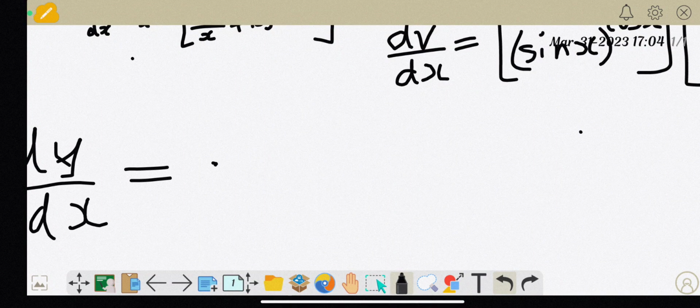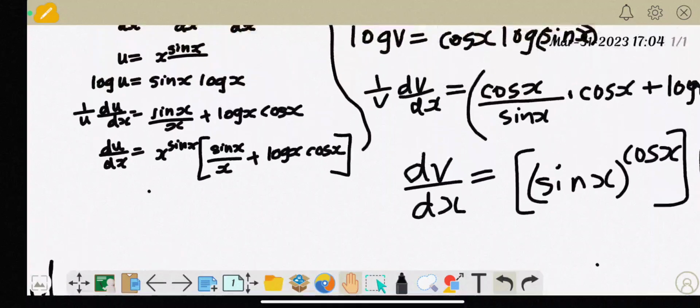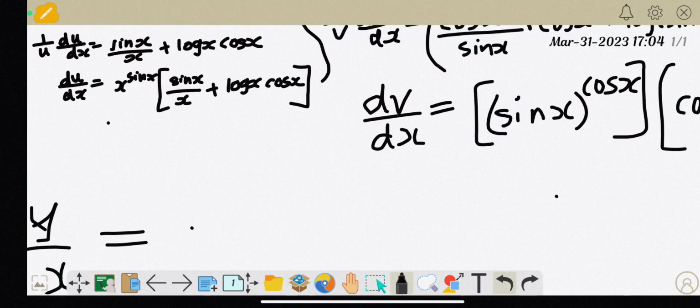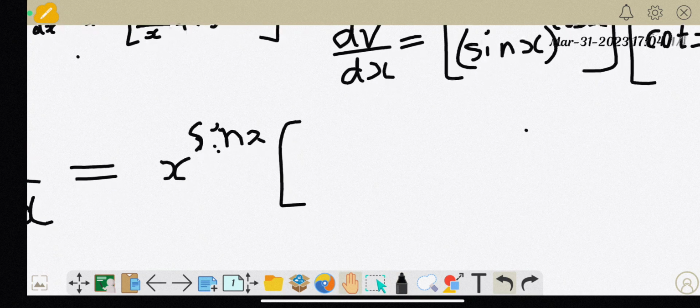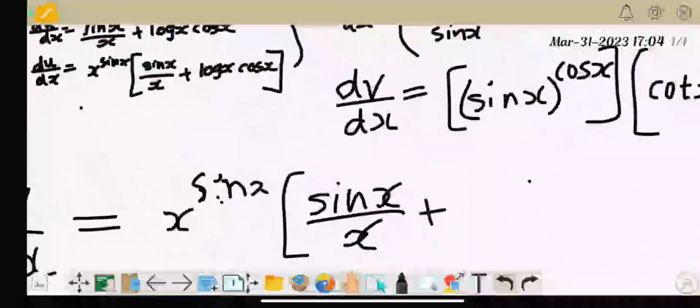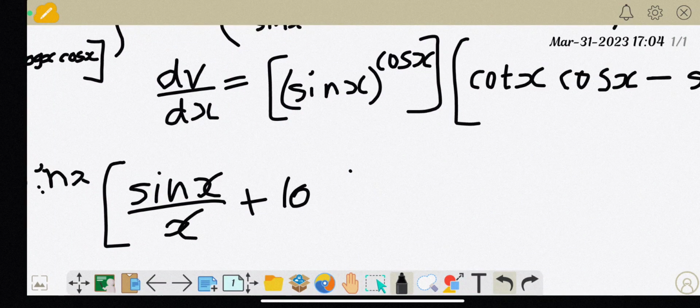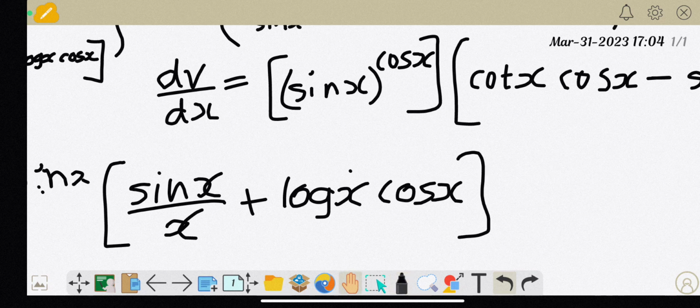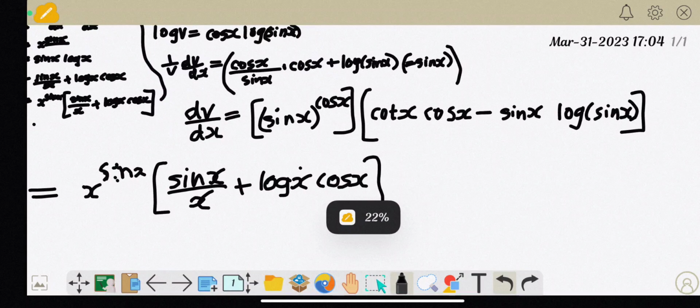So it's not sin, yeah, x to the power sin x, sin x by x plus log x cos x plus dv by dx term, correct?